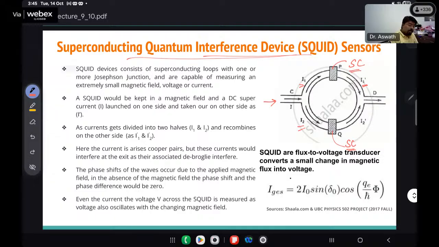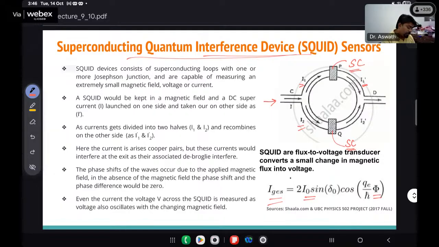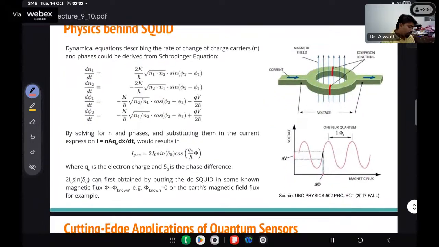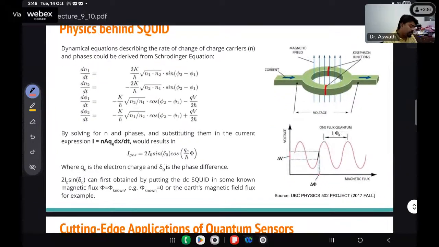That is the property of SQUID sensors. I have a relation between the old current and the new current in terms of some phase, some flux. You can just go through it; I'm not going into the details. The dynamical equations describe the rate of change of the charge carriers, talking in terms of, let's say, Cooper pairs.